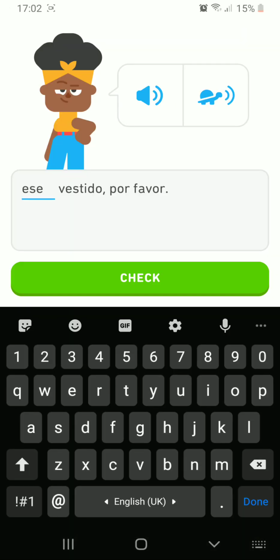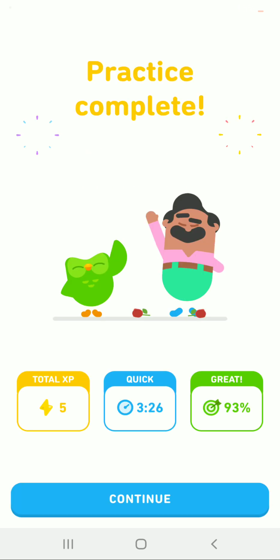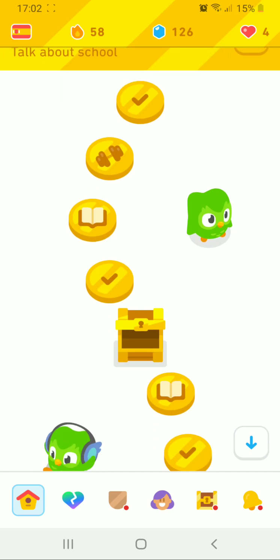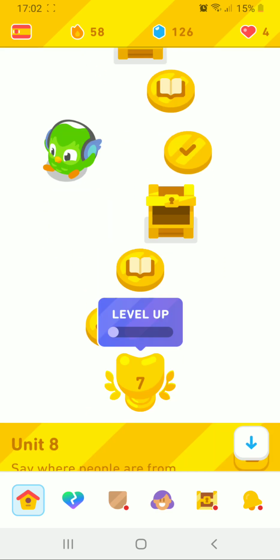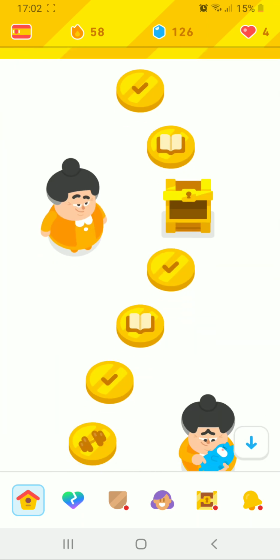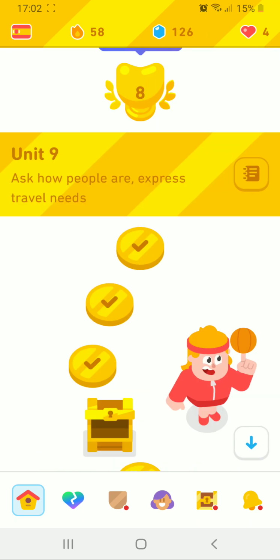Ese is that. Ese vestido, por favor. So we got everything right. Yep. No. We made one mistake. So we have 93%. So guys, we are going to stop here, I guess, because I think we should not rush so much.